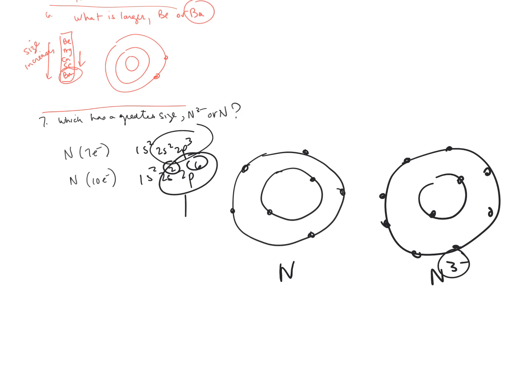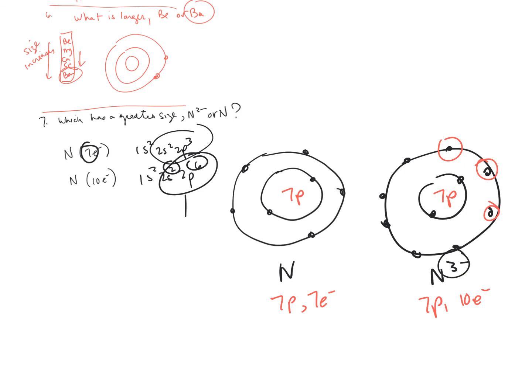But the difference is that both of these drawings are associated with nitrogen, which because it's atomic number 7, has 7 positive protons in both, right? They're both nitrogen, so they both have 7 protons. In this case, you've got 7 protons and 7 electrons. You could say that's kind of electrically neutral. In this case, you've got 7 protons and 10 electrons. It's the extra 3 that are causing havoc when they try to fill into this n equals 2 shell.